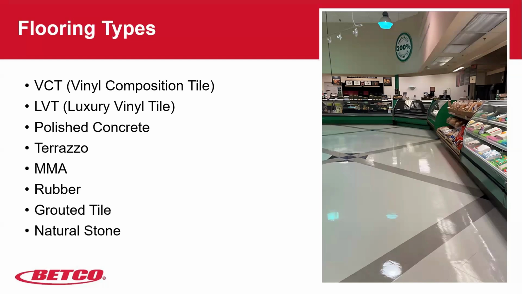That is a substrate that's going out that we'll talk about. Polished concrete, whether it's polished or coated, is very popular in the marketplace, especially in grocery and retail. Terrazzo, whether it be cementitious terrazzo or epoxy type terrazzo, MMA, rubber, grouted tile, and natural stone. We're going to break down each one of these different flooring types and talk about the pros and the cons as we get going here.